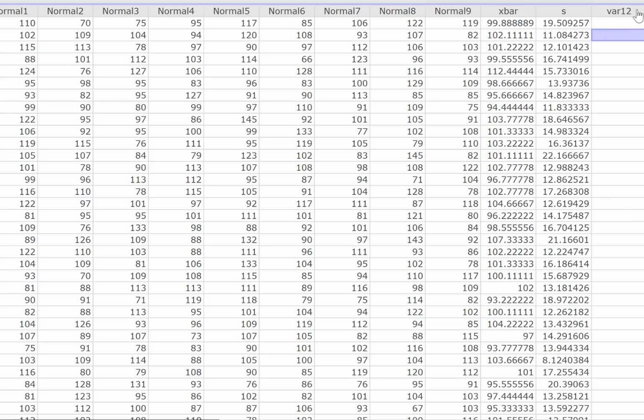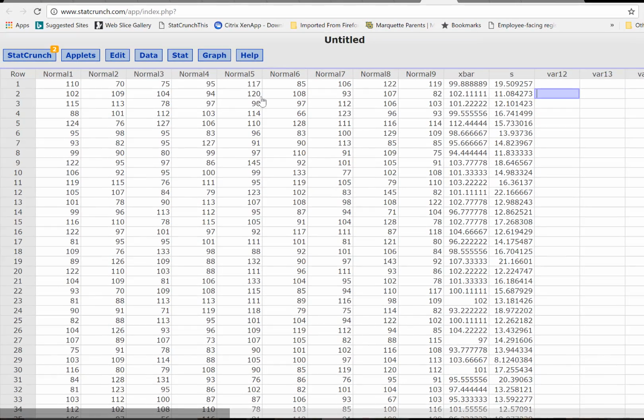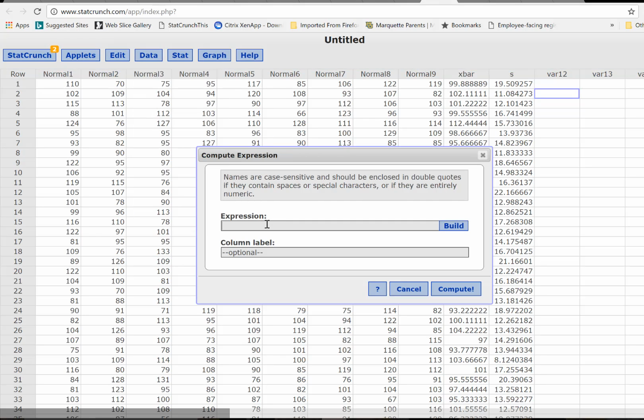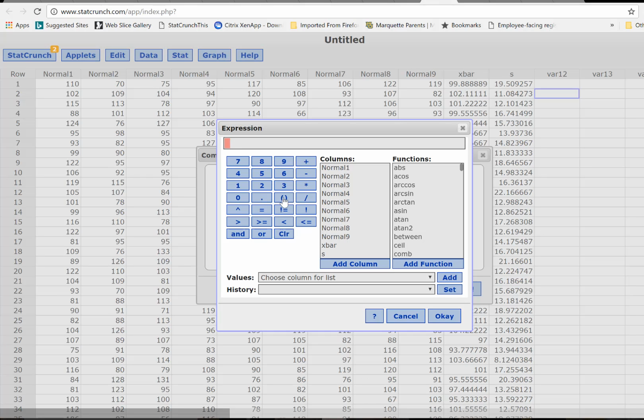Okay, so this column var 12 is going to be the Z column, and then column var 13 will be the T column. I have to create those with StatCrunch, so I'm going to compute an expression in StatCrunch. Remember, the expression that I want to compute is parenthesis X bar minus 100, divided by 5.